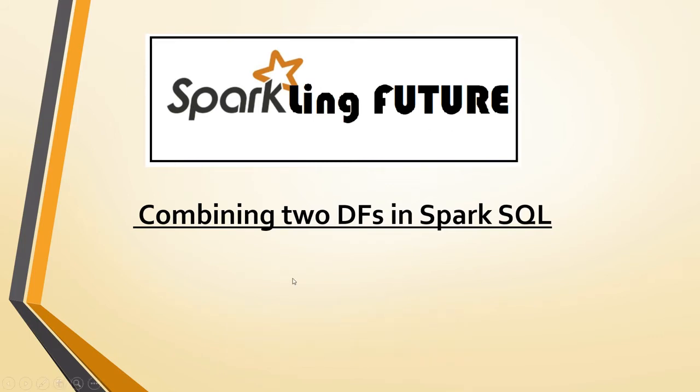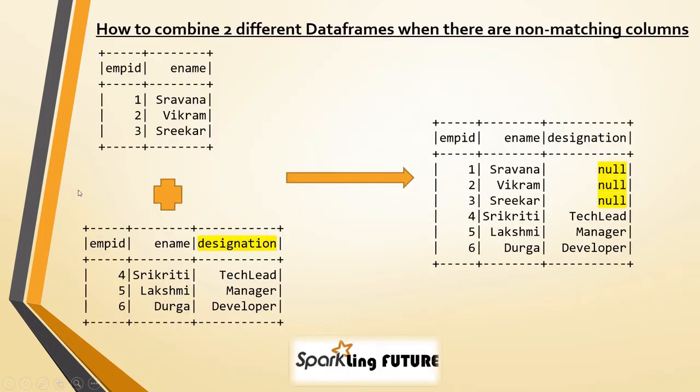So today we will see about combining two data frames in Spark SQL. Let's say we have two data frames. One is with employee ID and employee name, and another data frame with employee ID, employee name and designation. A third column has been added in the second data frame.